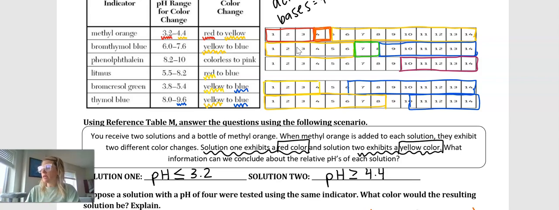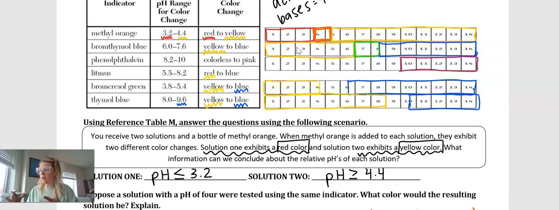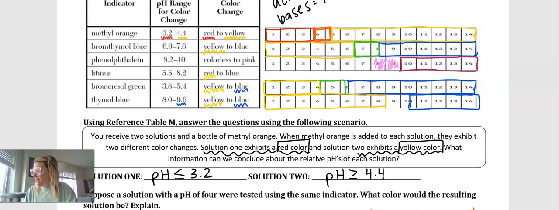Phenolphthalein is interesting because it goes from colorless, and I wish I could do it justice to shade it on this, but what ends up happening is we end up with a very, very faint light pink starting at about 8 and then ranging all the way up to 10, getting really, really dark. So I'm just going to highlight, but that's not even doing it justice. And I'll show you guys a proper phenolphthalein scale at some point in this unit. All right, Cresol green is going to be green between, and Thymol blue will also be green between.